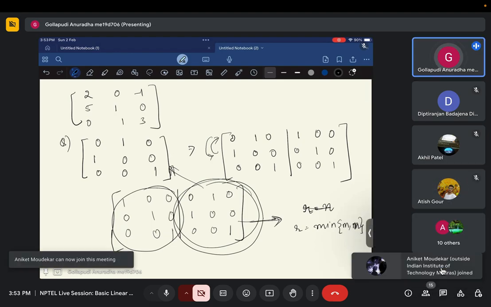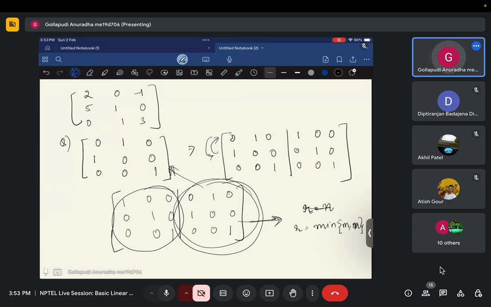For example, if it is an n by n matrix, a square matrix, and if its rank is equal to n, then that is the full rank, the maximum we can have. So if you have a 3 by 3 matrix and its rank equals 3, then it is a full rank matrix. Yes, if we can convert it fully into the identity matrix, we can say that. So we can even invert it. Okay, ma'am.